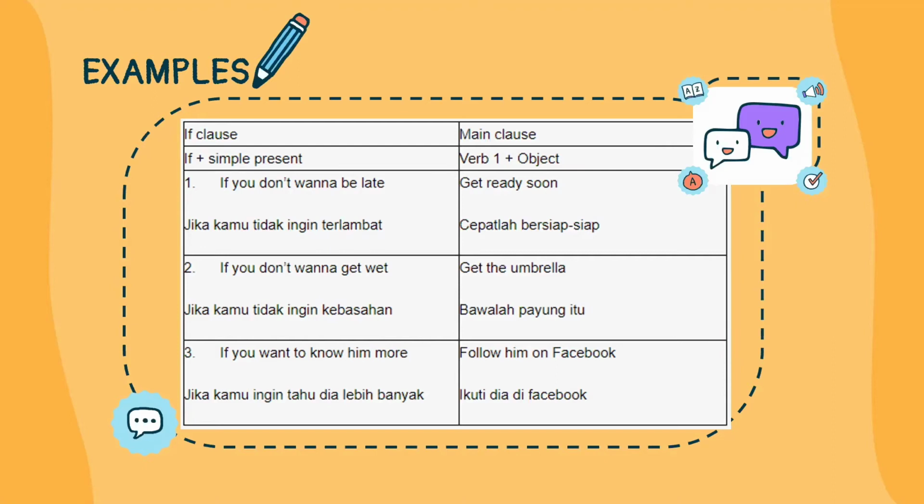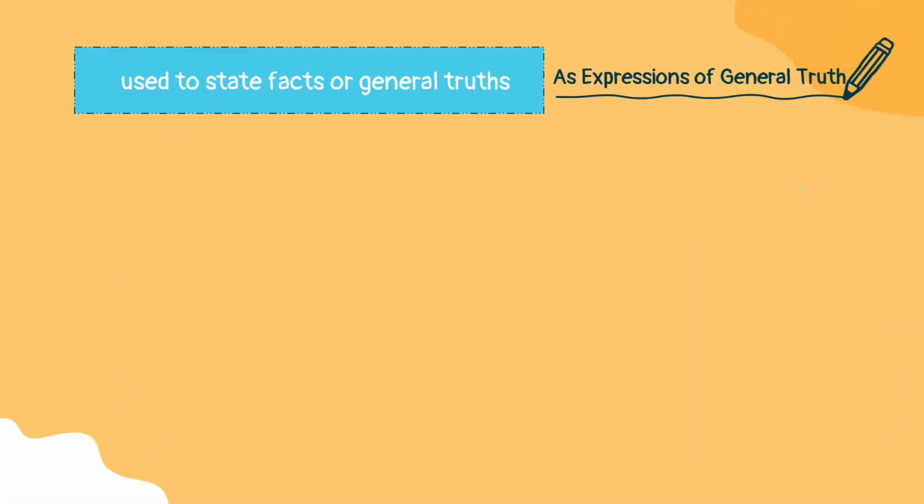If you don't want to get wet, get the umbrella. Kalau kamu nggak ingin kebasahan, bawalah payung itu. If you want to know him more, follow him on Facebook. Jika kamu ingin tahu dia lebih banyak, ikuti dia di Facebook. Next, as expression of general truth.